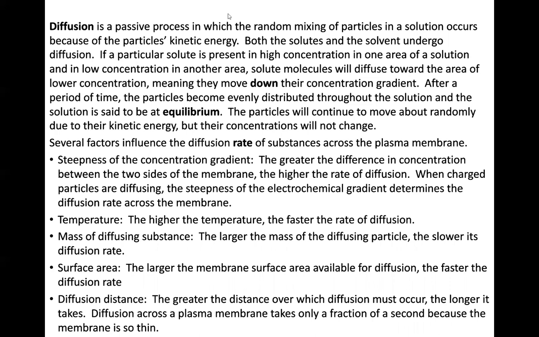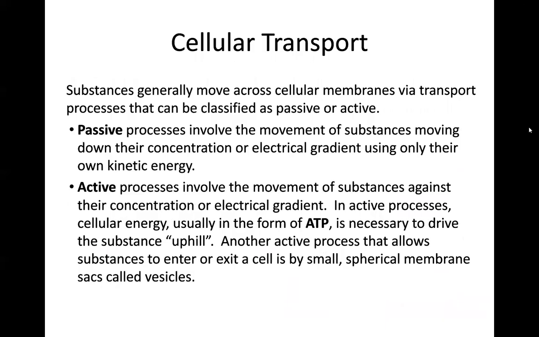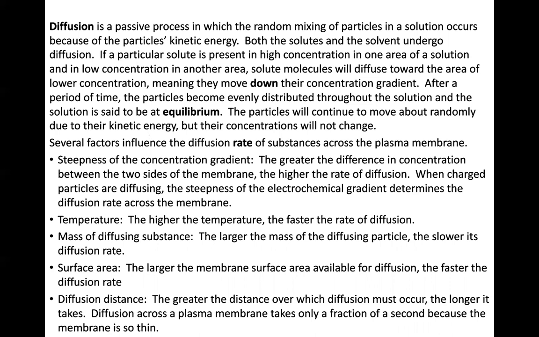Okay, diffusion is a passive process. So right away, we know that since it's passive, we're going down the gradient, whether it's concentration or electrical. I'm not really going to worry about focusing on that. And since it's passive, we do not require ATP, okay?